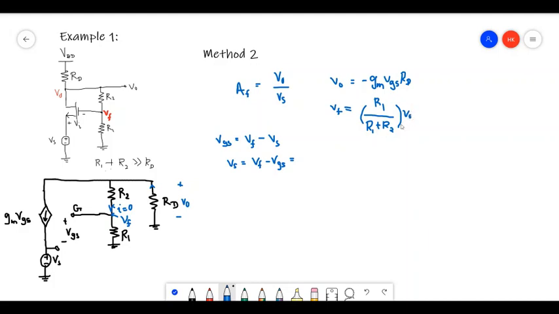So what I'm going to do is write this R1 over R1 plus R2 times V out, and here instead of minus VGS I can write V out divided by GMRD.